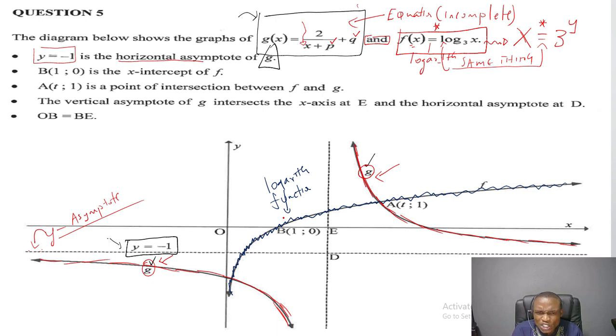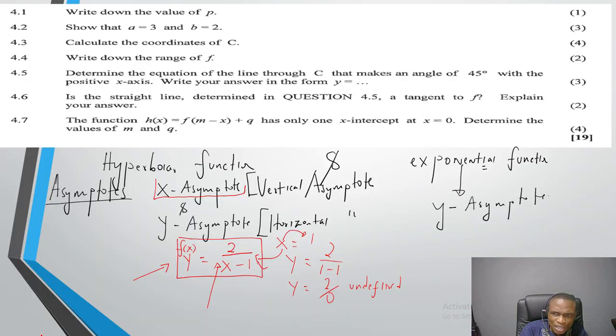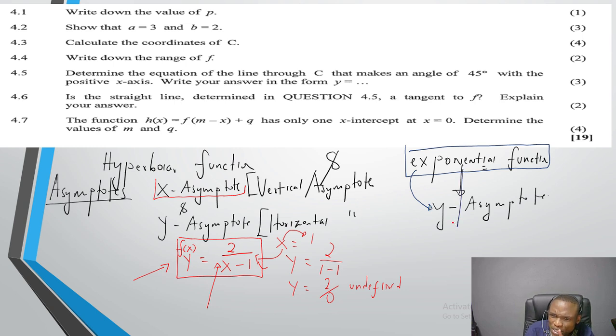But now, I said to you, the exponential function has got the y asymptote. Now, the inverse, this one I think is very important. The inverse of the exponential, which is the logarithm function, has got only one asymptote, and that is the x asymptote.